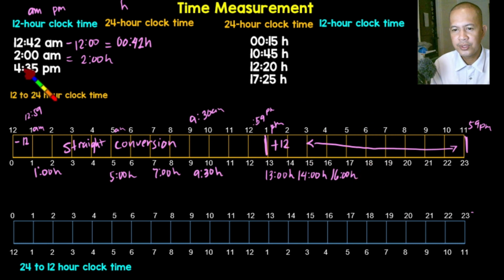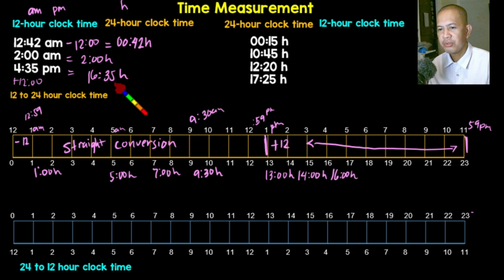For example, 4:35 p.m., we add 12, you get 1635 hours. So that is how we convert from 12-hour clock time to 24-hour clock time.